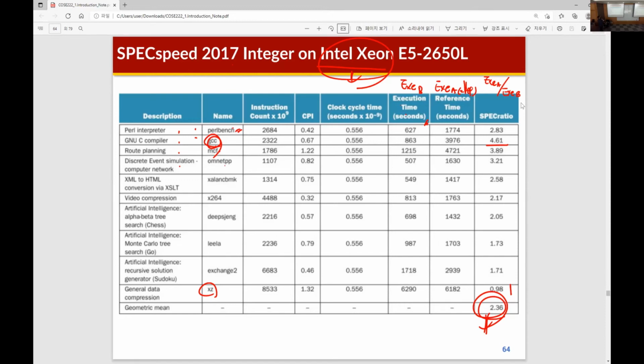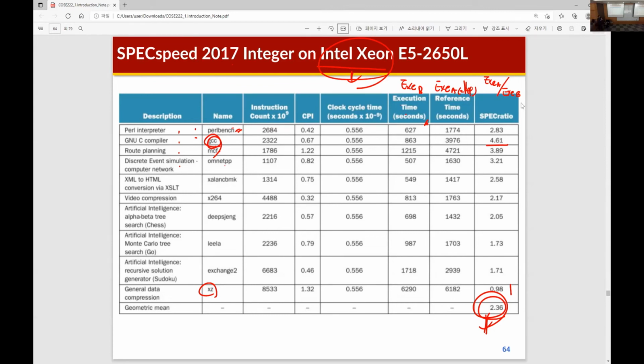There are many different kinds of applications in the SPEC benchmark suite. As you can see, the performance on these different kinds of applications is also different, so you can find different SPEC ratio values. We can calculate the average based on these multiple SPEC ratio values. We use the geometric mean.